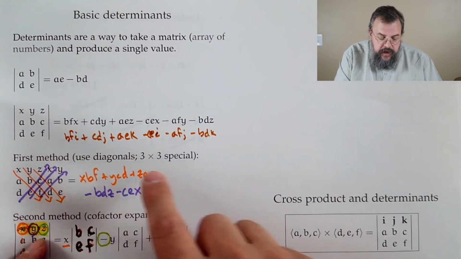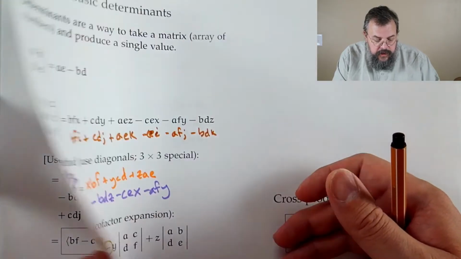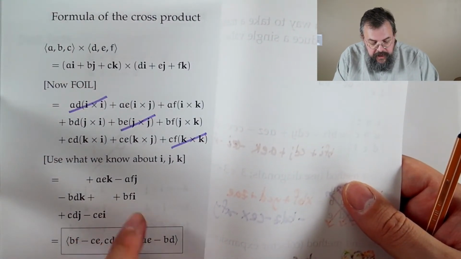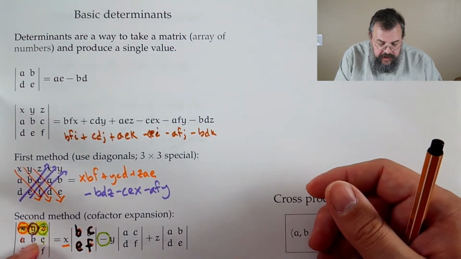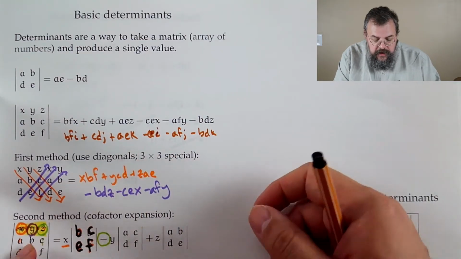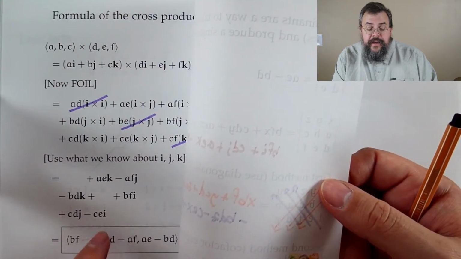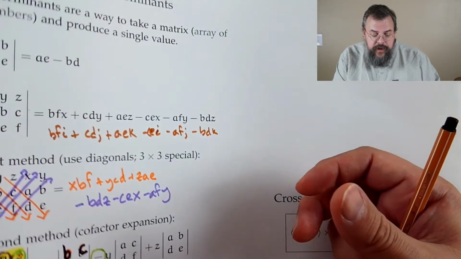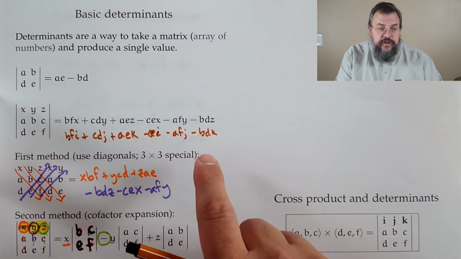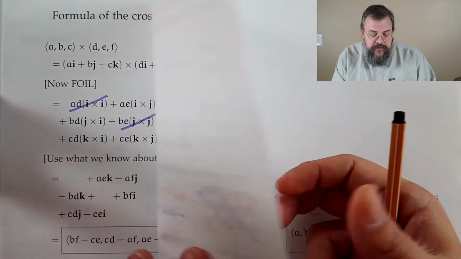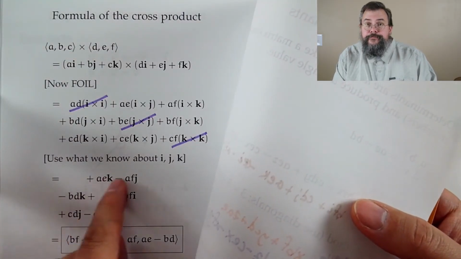BF times I, and what do we have here? There we go. See? There's a BF times I. What else has an I? CE. All right? Right there. CE. And it's being subtracted. And you go through and you check, and lo and behold, the 6 terms that show up in this determinant are exactly the 6 terms that are left when we worked it out.